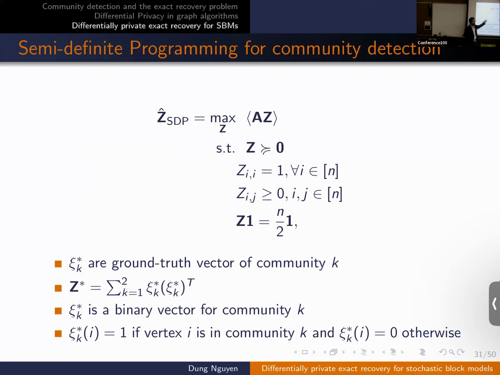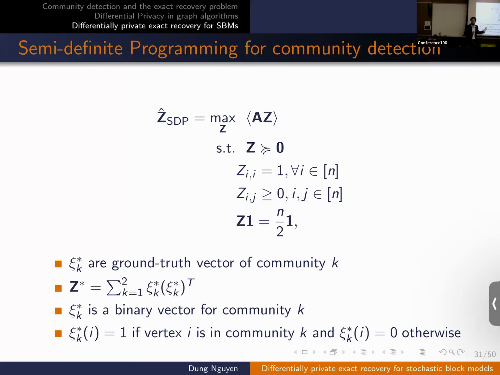The matrix A here is the adjacency matrix of the input graph, and the variable we optimize over is Z. In short, Z is a symmetric matrix where Z_ij equal to 1 means node i and node j belong to the same community, and Z_ij equal to 0 denotes that node i and node j belong to different clusters or communities.